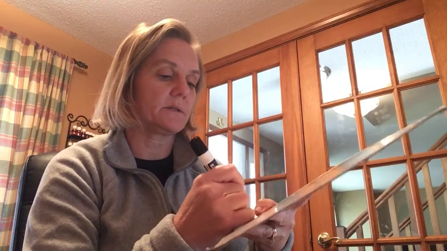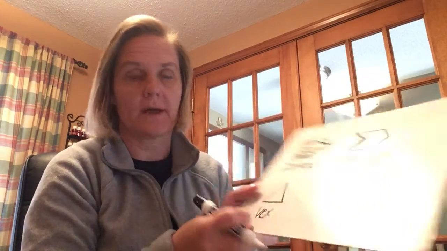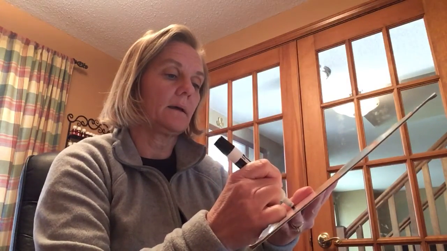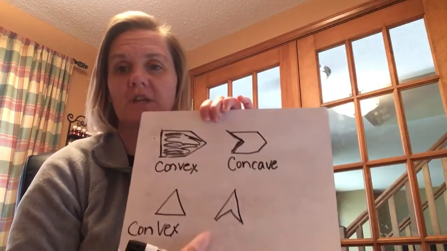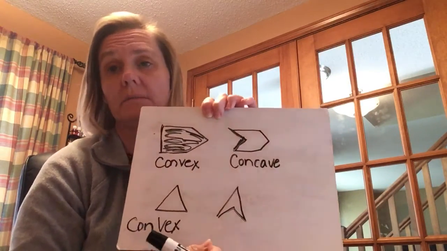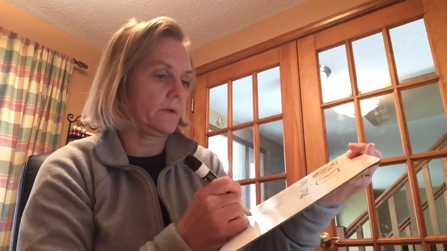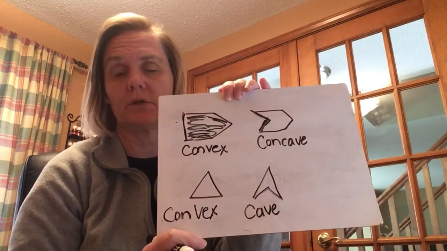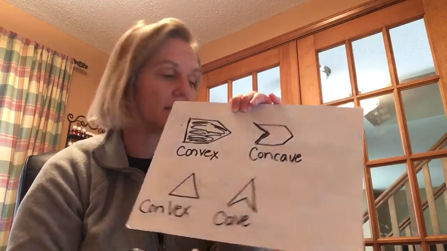Vex meaning it's just the way it should be. But if my triangle did this, and the shape now goes in and it looks like an arrow, it has a cave almost. It made itself a cave. So that's the difference. There's only 3 questions on that, but I wanted to make sure that you understood the difference between convex and concave.